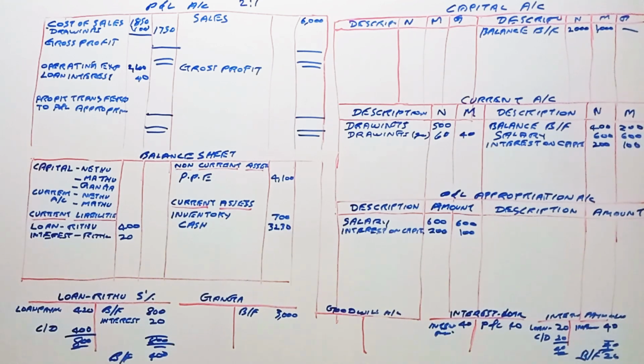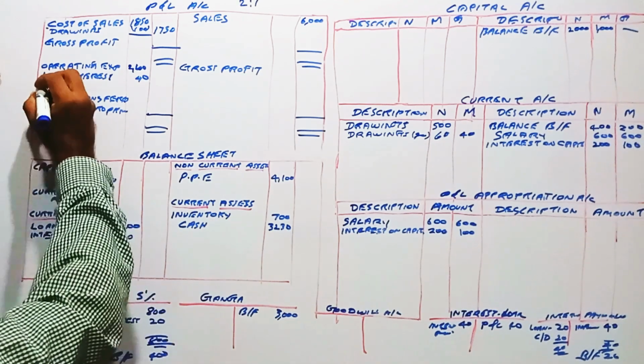Next adjustment: Nidhu has paid 10,000 out of his personal money to renew the trading license of the partnership for the year. This has not been accounted for. Nidhu has paid for the renewal of the trading license. How much? 10,000.